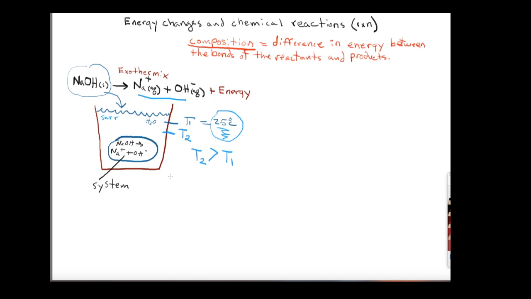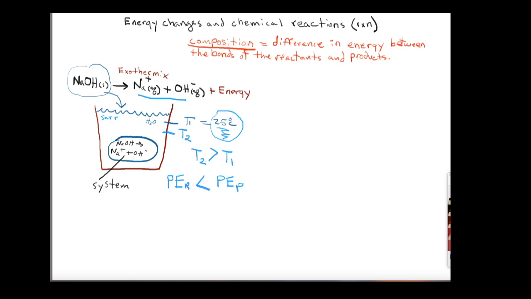So the potential energy of the reactants, which I'm going to call R, has been transformed into the potential energy of the products is what I mean.